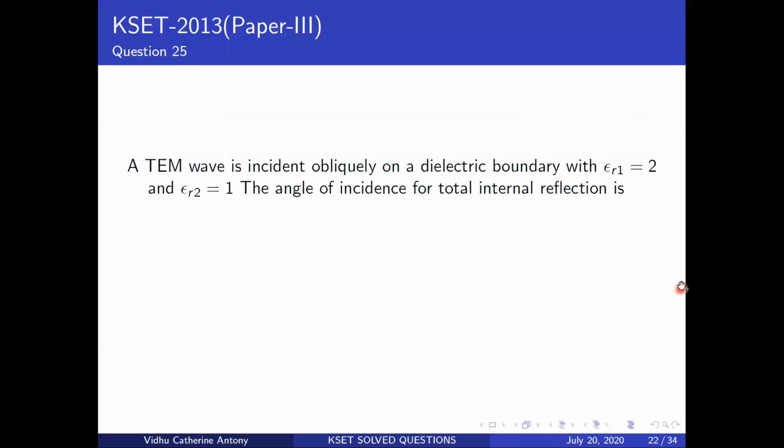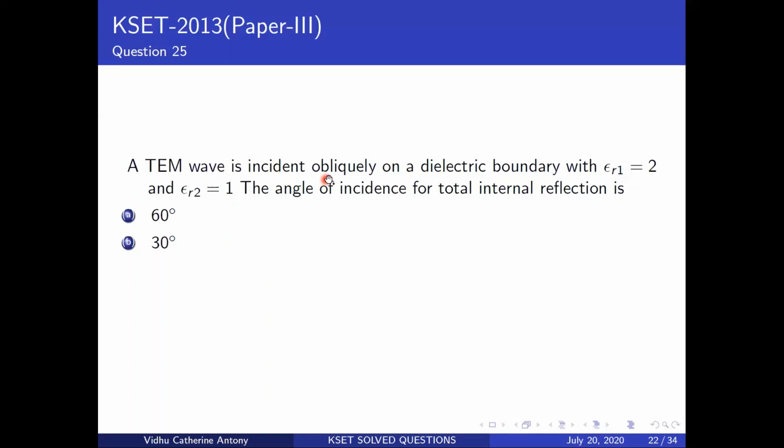So let's look at this now. Okay, they've mentioned a TEM wave here. TEM is basically a transverse electric and magnetic wave. But this problem is actually based on total internal reflection. Basically it's something to do with your critical angle. Now let's look at this.